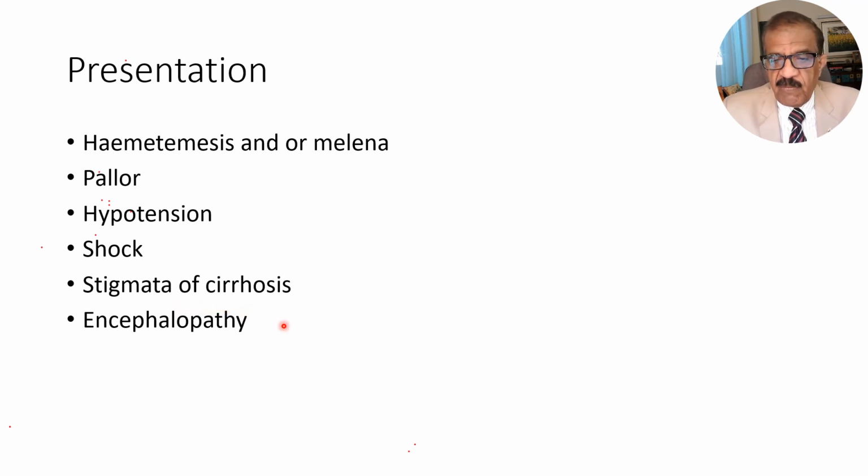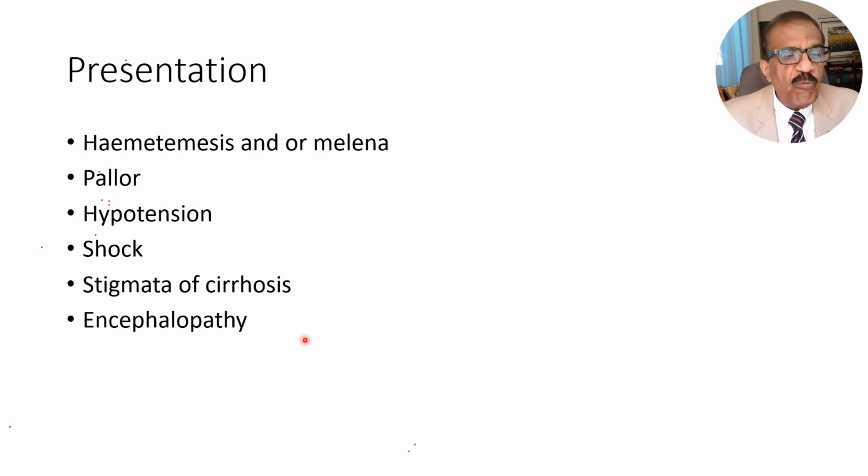The other factor, which is better known, is that the large amount of blood in the stomach acts as a protein meal. You know, protein meals can also precipitate hepatic encephalopathy. This blood is actually low biological value protein, and that leads to ammonia formation.